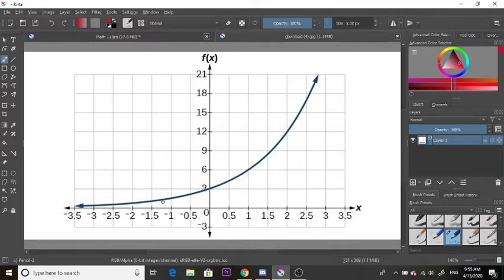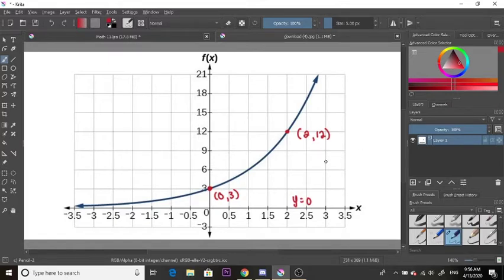So my asymptote seems to be when y is equal to 0. So y is equal to 0, so that I know that 0 is my k-value. This is my initial value, and the coordinates are 0 and 3. And then I'm going to take this point here, which has coordinates of 2 and 12.